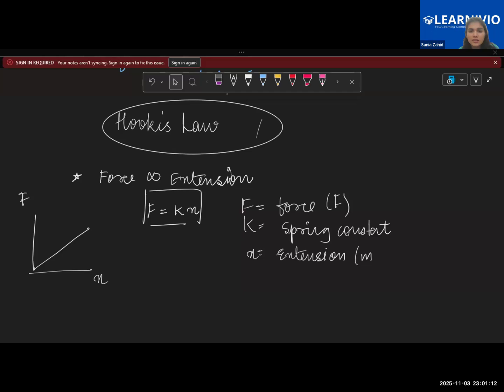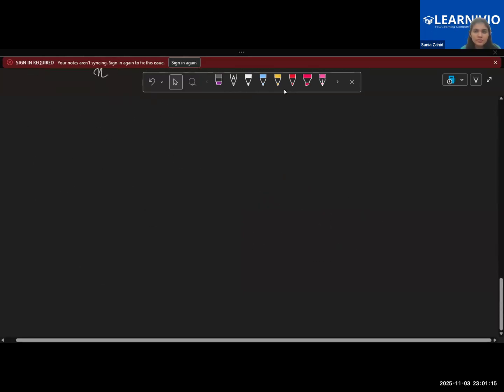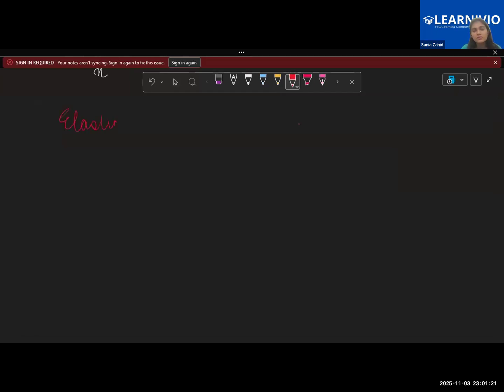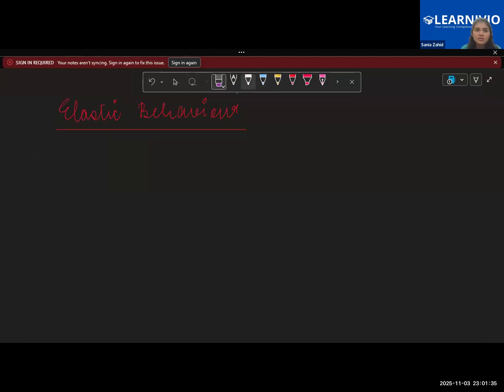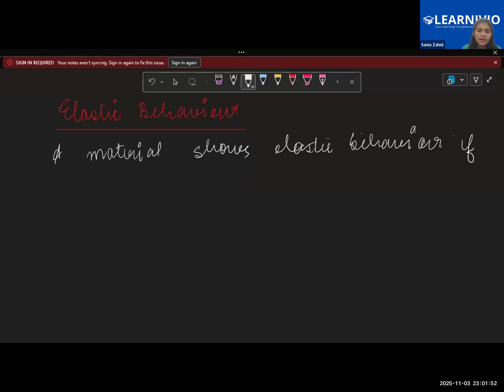Okay. Now, next is elastic behavior. What is elastic behavior? Any material shows elastic behavior if it returns to its original shape and size once force is removed.